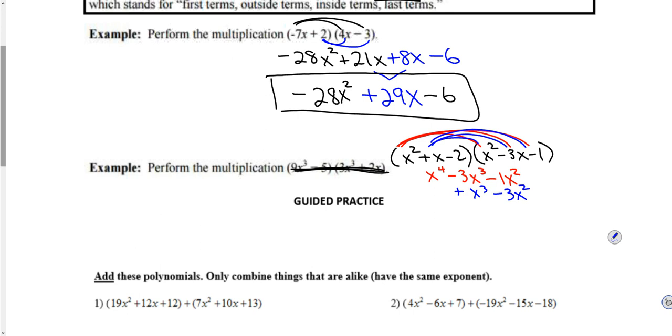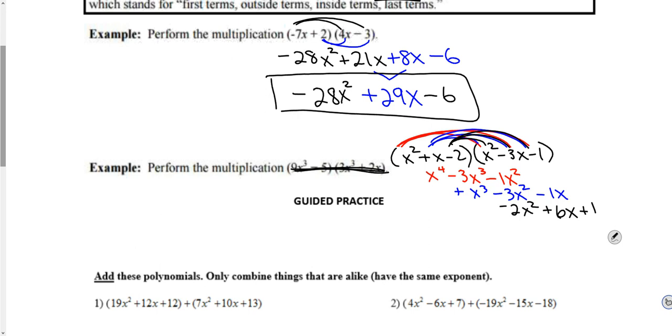So I'm just matching them up with their like terms. And then x times negative 1 is negative 1x. And then the final one is to do it with the 2 now. So the 2 goes to all 3. So negative 2 times x squared, and I'll start a new row for that. Negative 2 times x squared is negative 2x squared. And then negative 2 times negative 3x is negative 6. Oh, just kidding, positive 6x. And then negative 2 times negative 1 is plus 1.